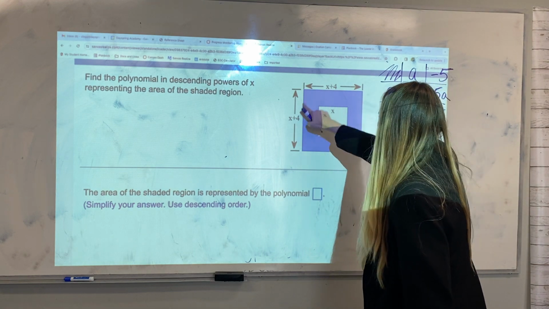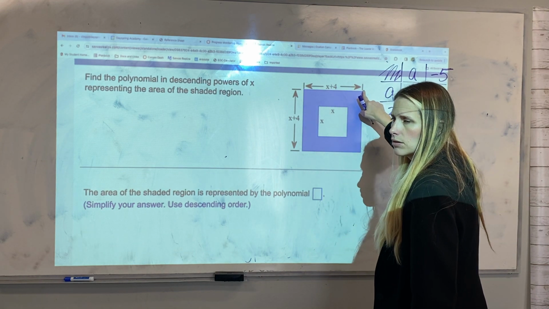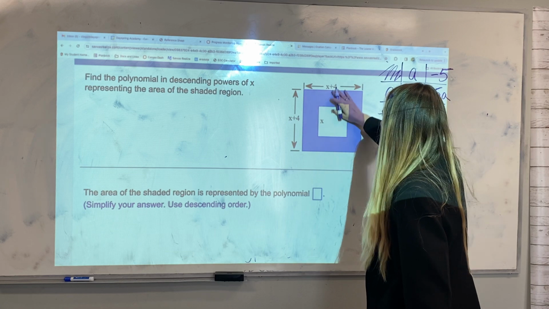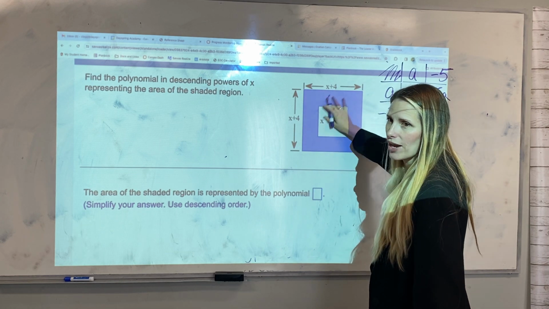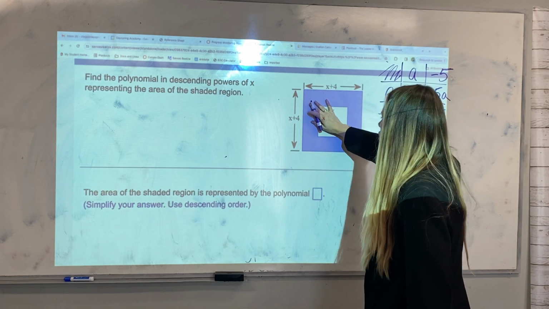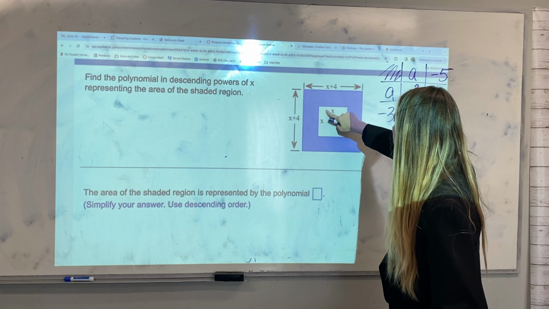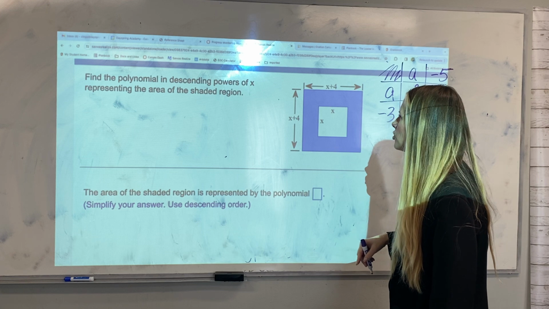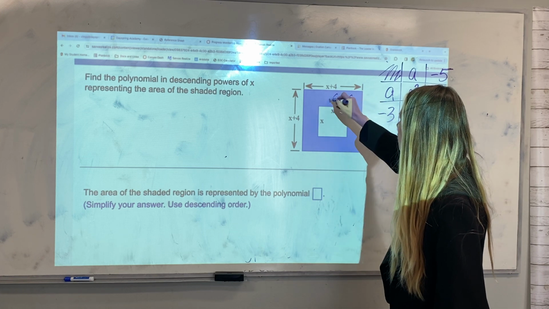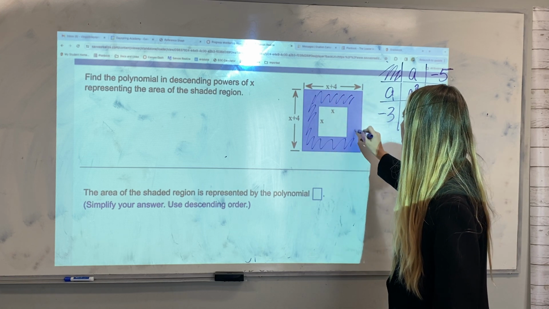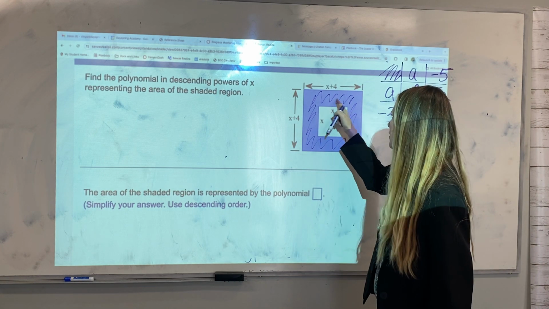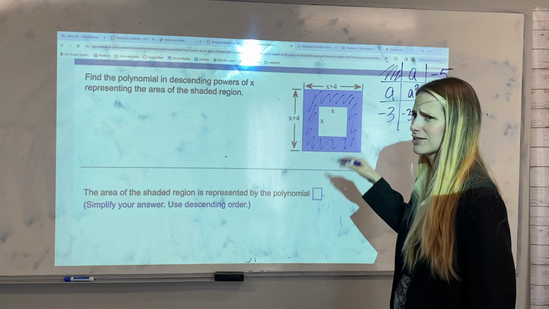So we have a big square, and the big square has an area, and that's the whole area of the square. We also have a little square inside, and that has an area. But it just wants the area of this shaded region. How do we end up with just that area? Don't worry about the x's and the numbers.